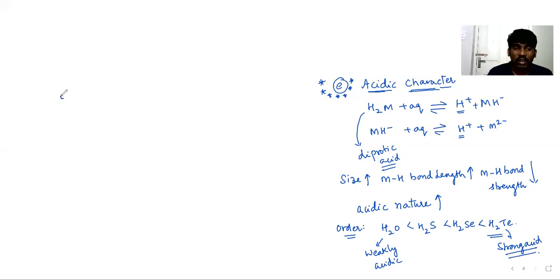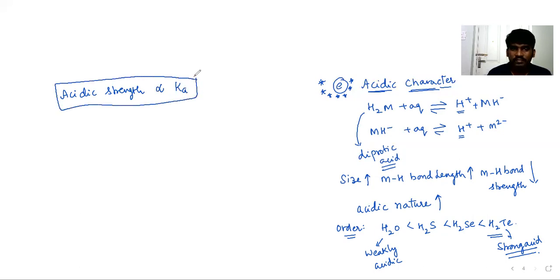And as per organic chemistry also, we know that acidic strength is directly proportional to Ka. Ka means dissociation constant. Sometimes they will ask which has a high value of dissociation constant.